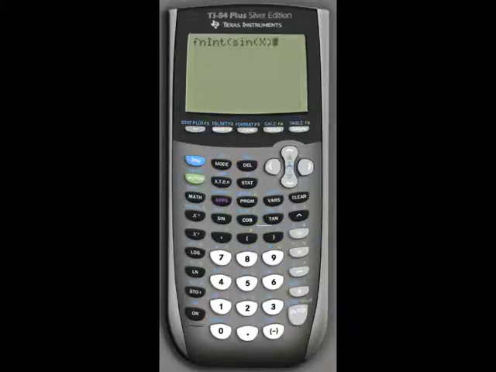I'm still in radian mode from the last time I used this, minus cosine of x, comma, the dx, so you just say x, comma, I'm integrating from pi divided by 4, comma, to 5 pi divided by 4. And enter.